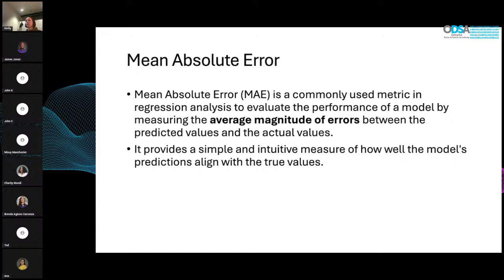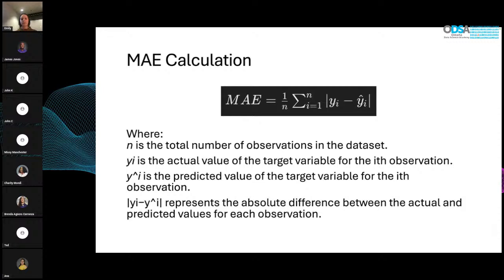That's what we're looking for. What is the average size of the errors between the predicted values and the actual values? It's really simple, really intuitive, and it's a measure of how well the model's predictions align with the true values. So it's used quite a bit because it's simple and intuitive to understand.